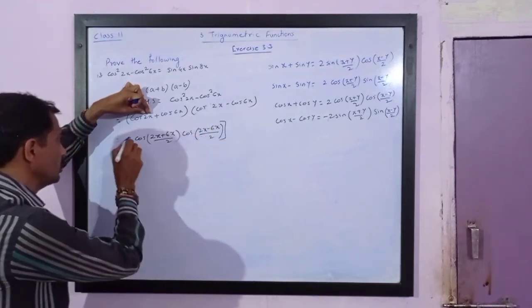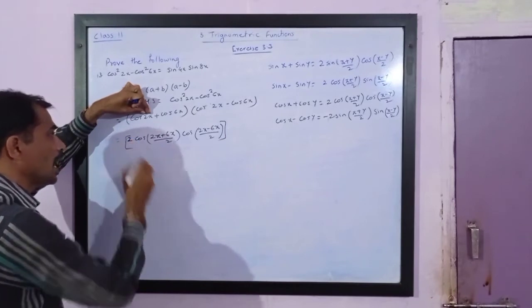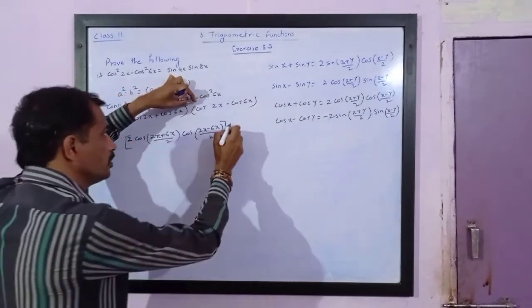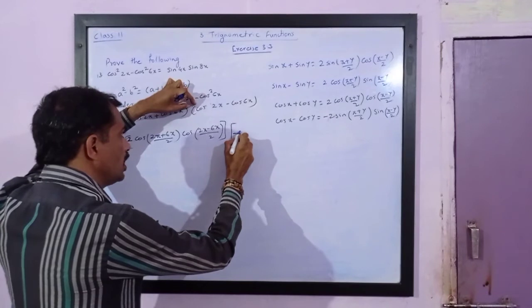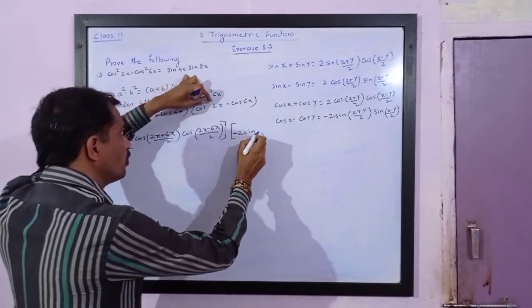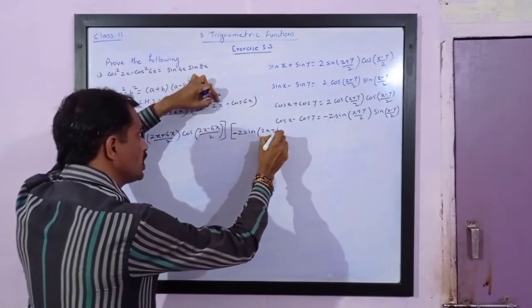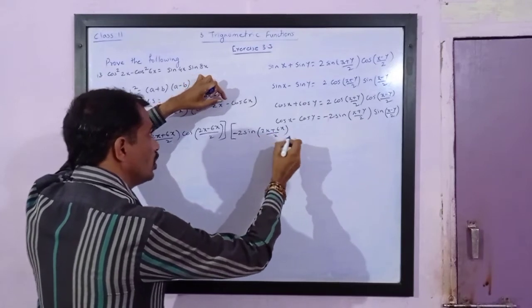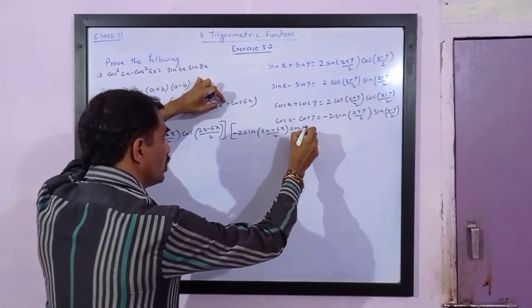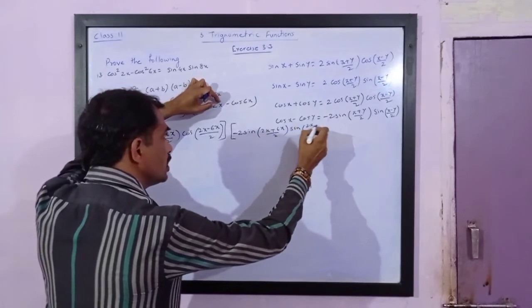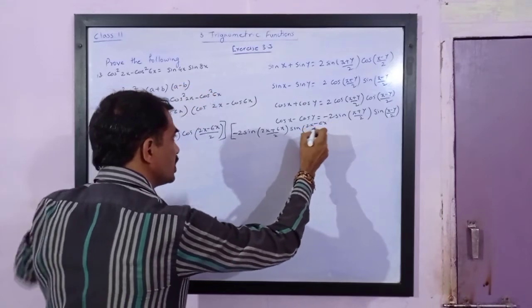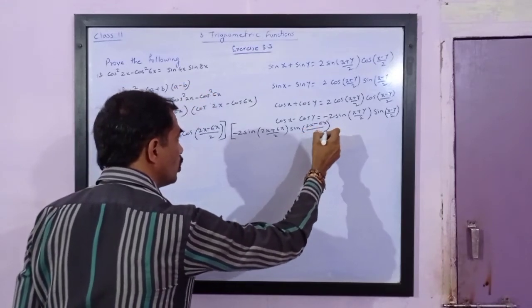This is the first bracket, and the second bracket is minus 2 times sin of 2x plus 6x upon 2 into sine of 2x minus 6x upon 2.